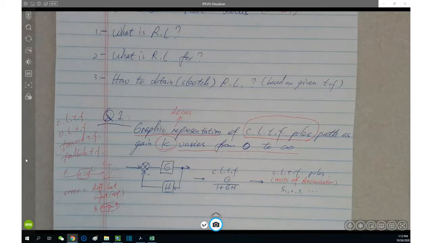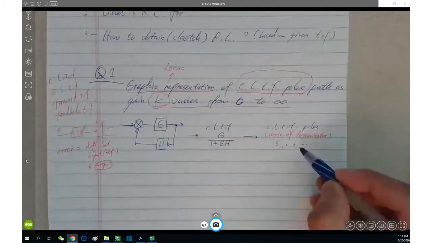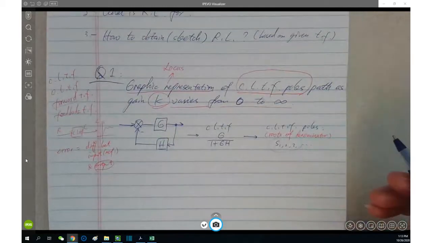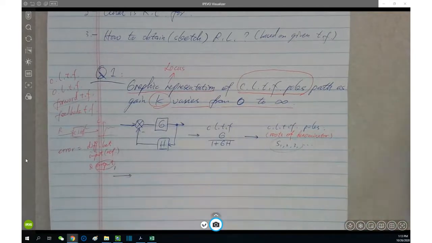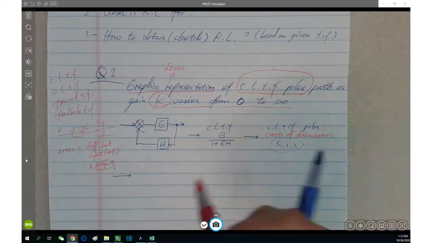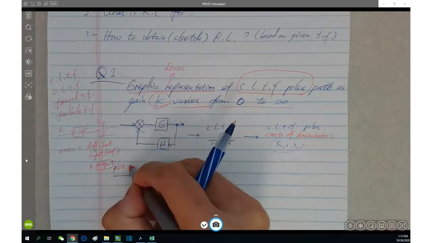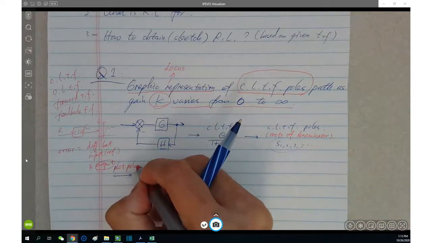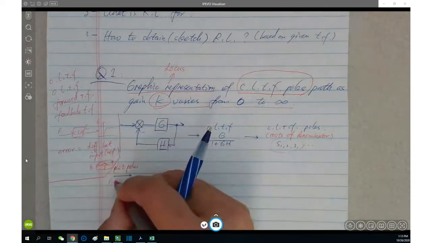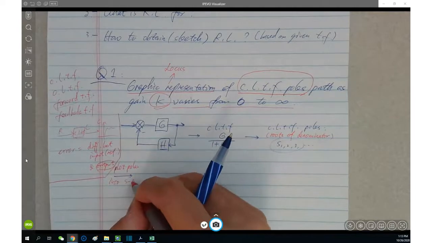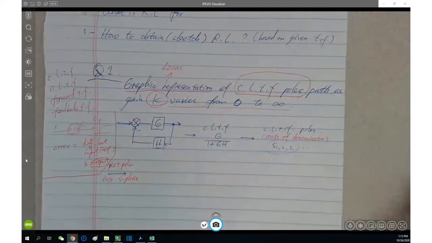Right? And if you just plot them, what do you see? Plot poles into the S-plane.